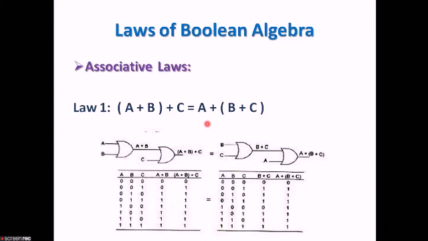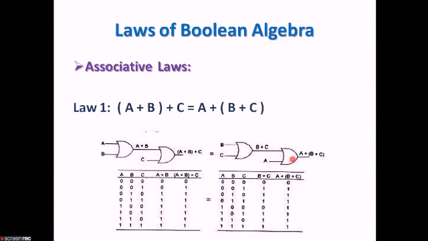Now moving on to this expression, this is A plus (B plus C). So first we will take B plus C. This one is B and C and this is the OR gate, so the output is B plus C, and with B plus C we will be doing OR of A. So B plus C is one input and A is one input to the second OR gate.